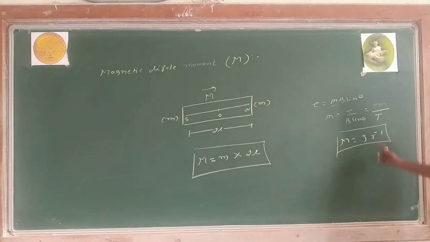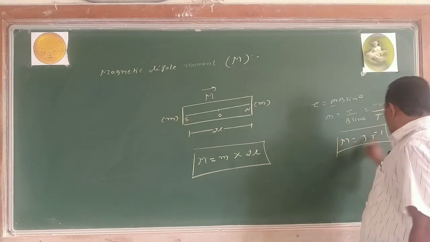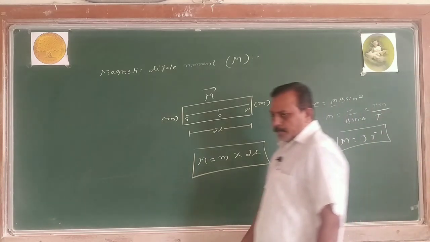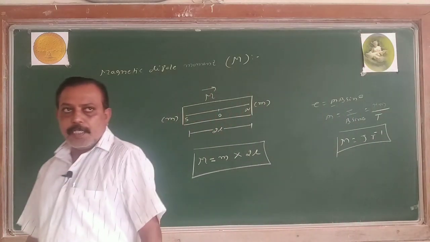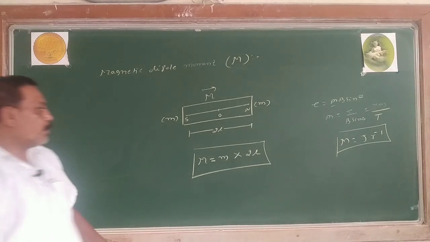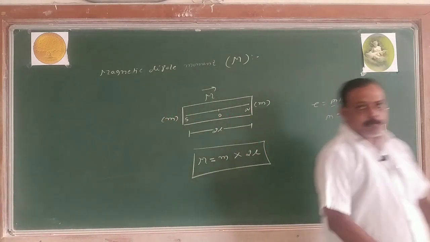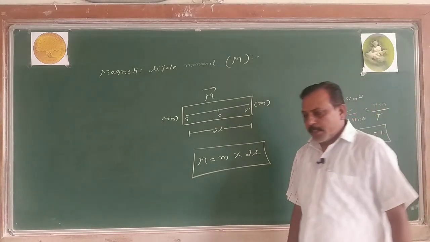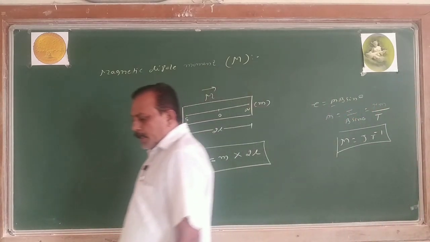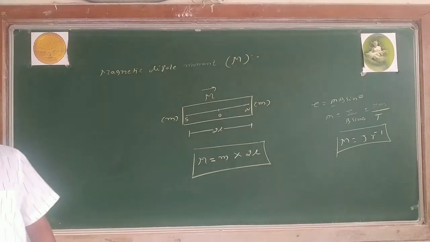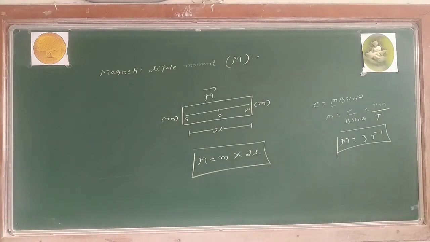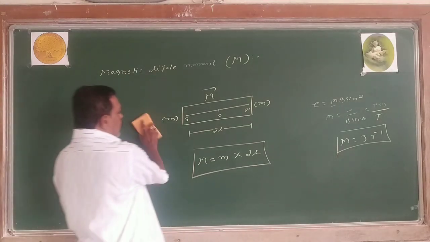If you go for the current loop, its SI unit is ampere meter square. The magnetic dipole moment is given by ampere meter square or joule per Tesla. Is it clear? Yes.